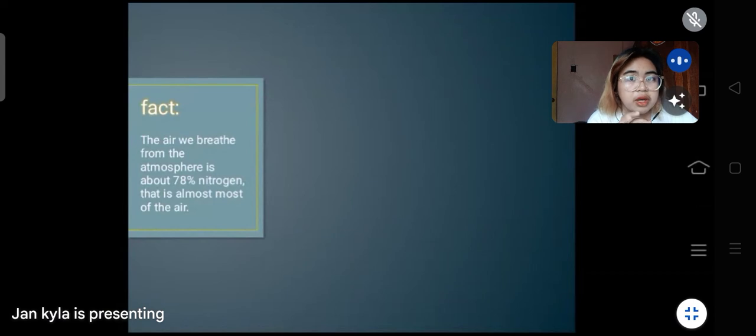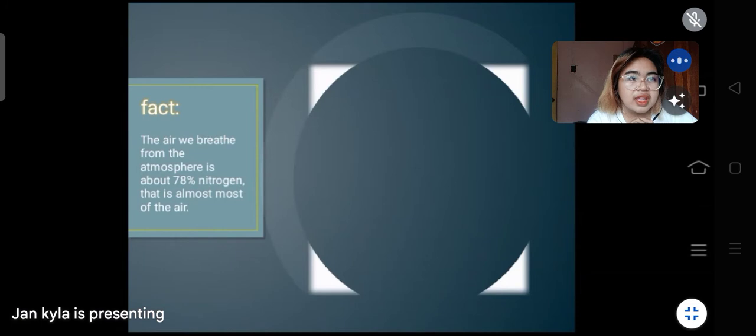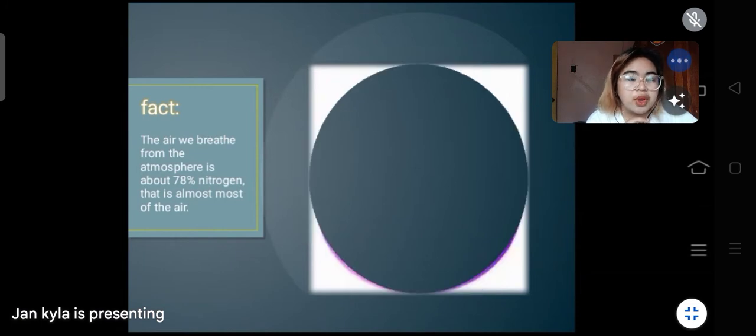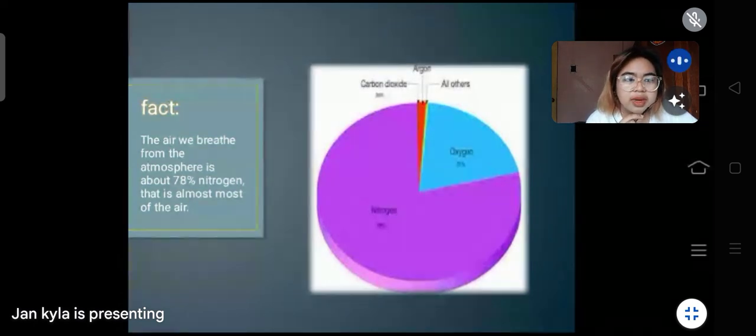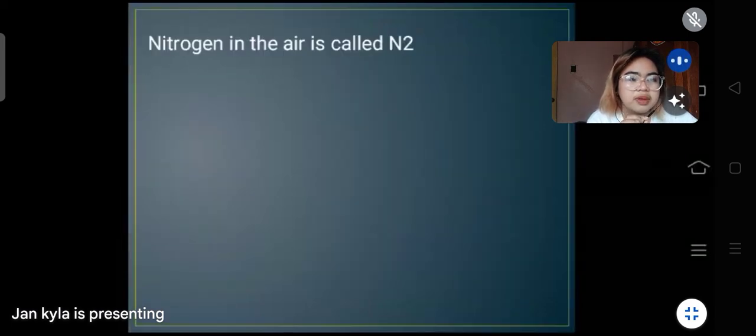Did you know that the air we breathe from the atmosphere is about 78% nitrogen, that is almost most of the air? So even if there's a lot in the air, we still need another way to obtain the nitrogen. Nature has a way to automatically provide us with nitrogen, and it involves processes to get nitrogen out of the air into living organisms.